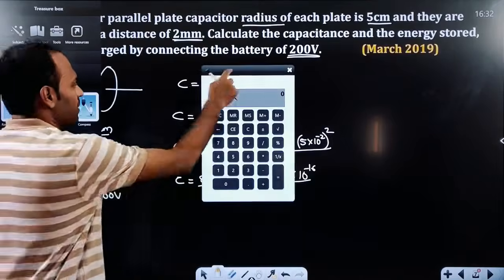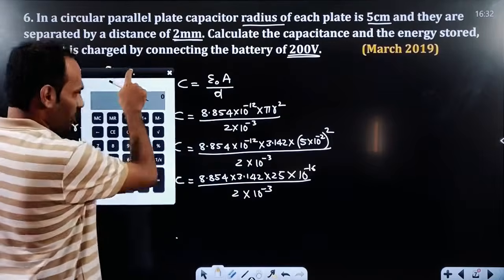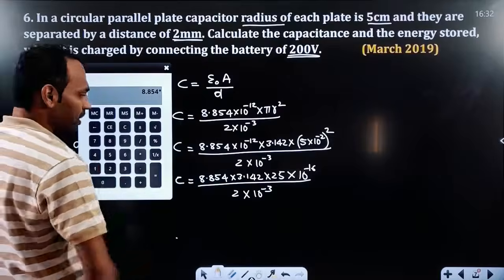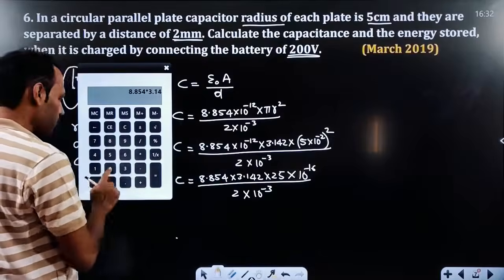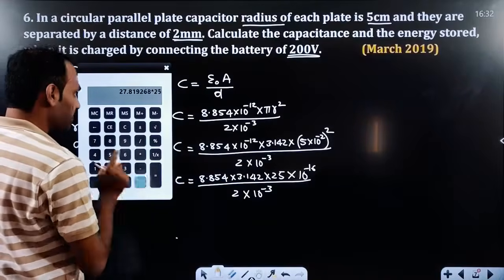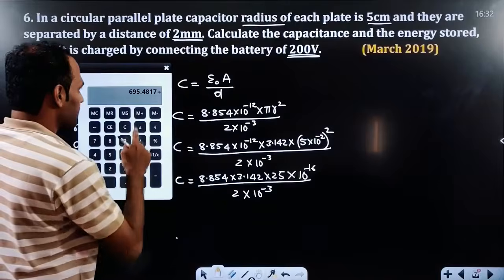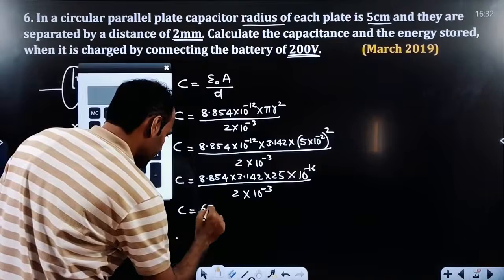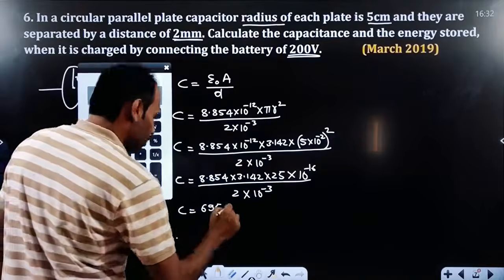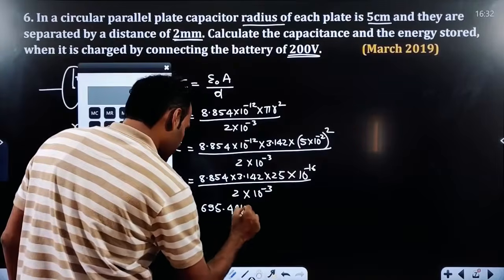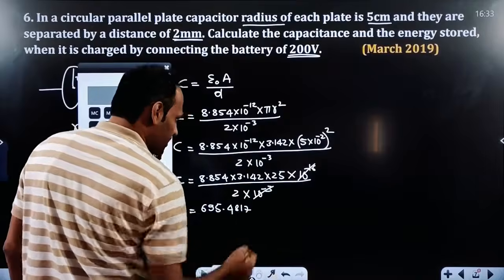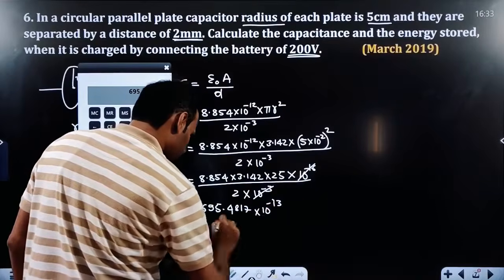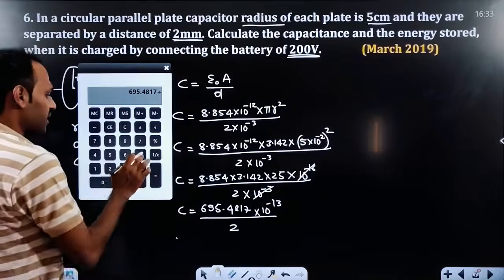8.854 into 3.142 into 25 is 695.4817, with 10 raised to minus 3 minus 16, which is 10 raised to minus 13, divided by 2.